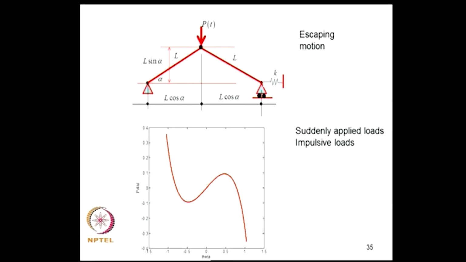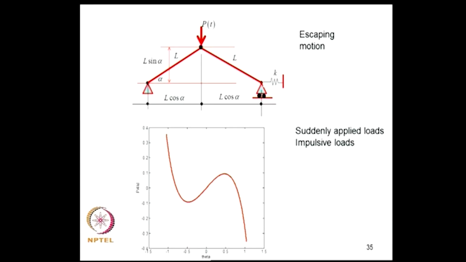So, these types of problems have been studied. I am not going to discuss this in detail. Suddenly applied loads and even impulsive loads, that is load acting for a short time, can also cause buckling. In general, in shell type structures and other structures, if you have impulsive loading, membrane forces will be set up, and during that transient period they can interact with flexural responses and create instability conditions.